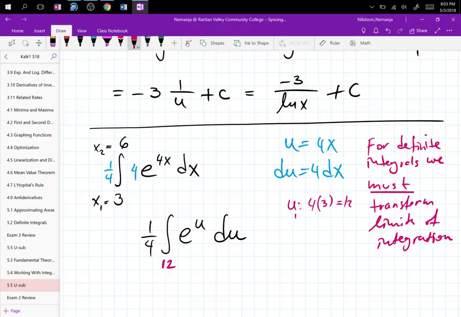So now this changes to 12, and u2 is 4 times 6, which is 24. So it goes now from 12 to 24.